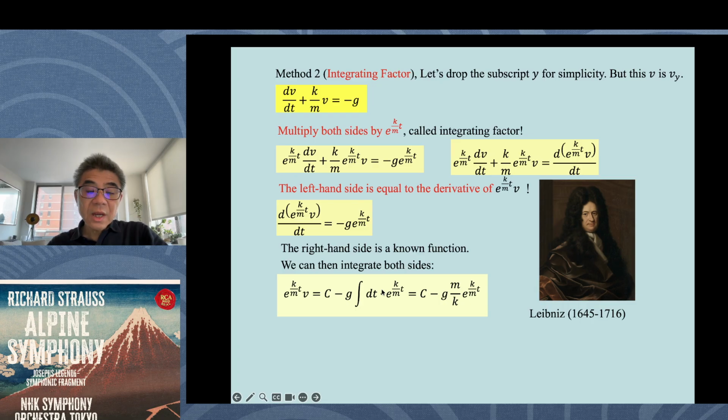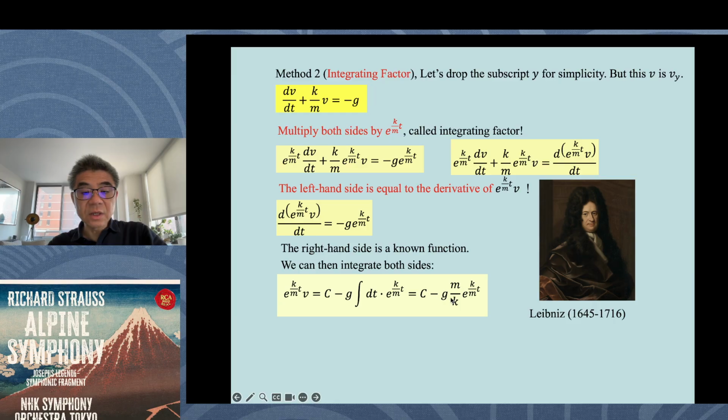But remember, whenever we do the integration, we can always add a constant in front of it, because when you make the derivative of the whole equation, this c will disappear and give you exactly the same equation we start with. Okay, and this integration is easy to make.